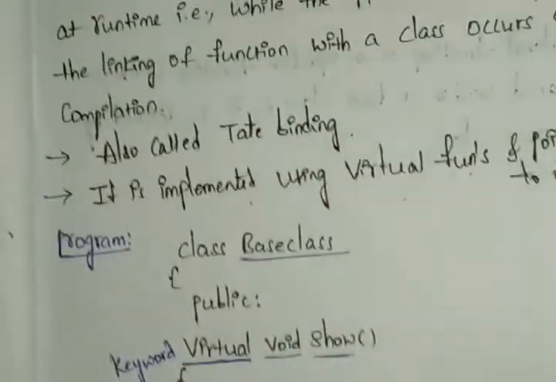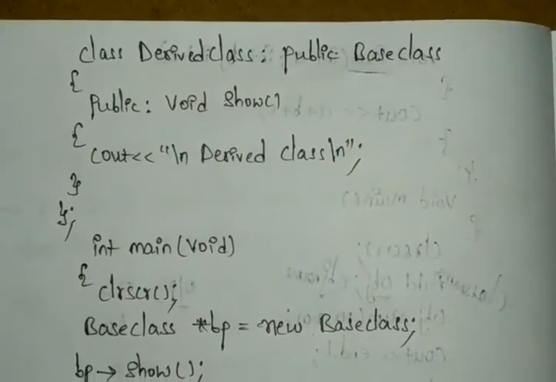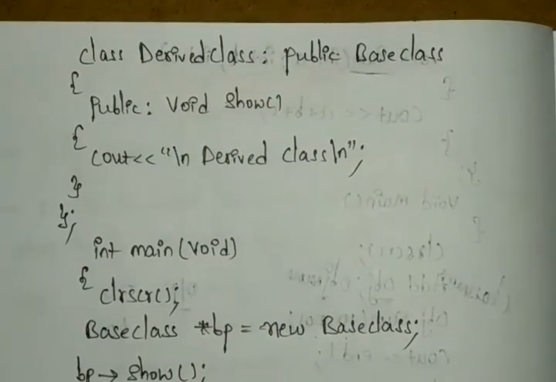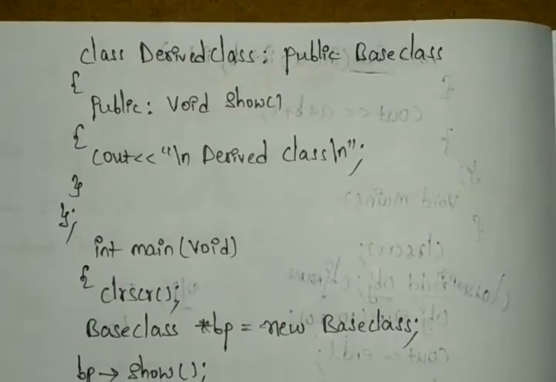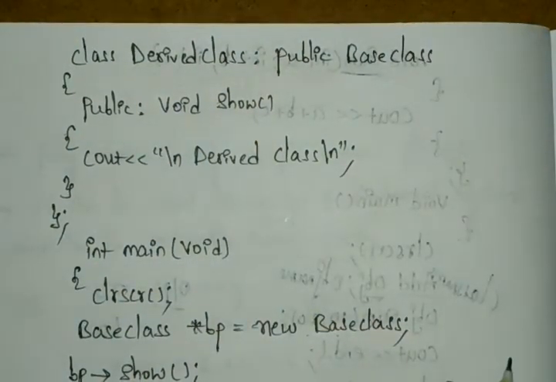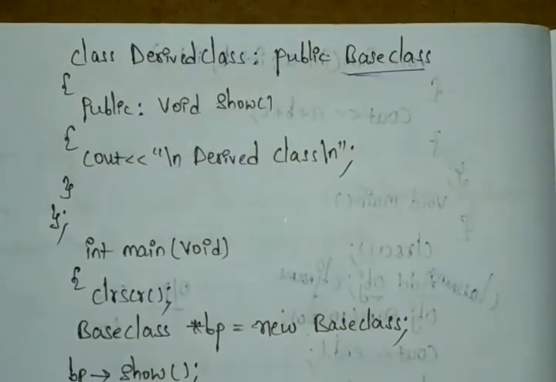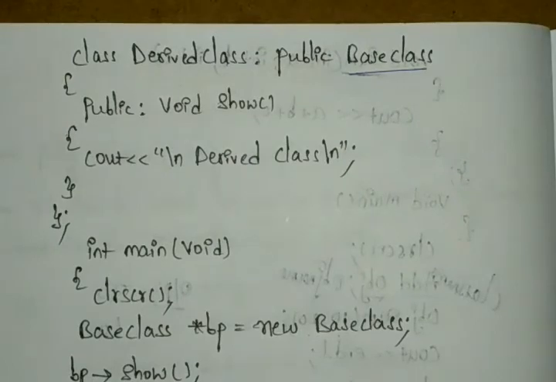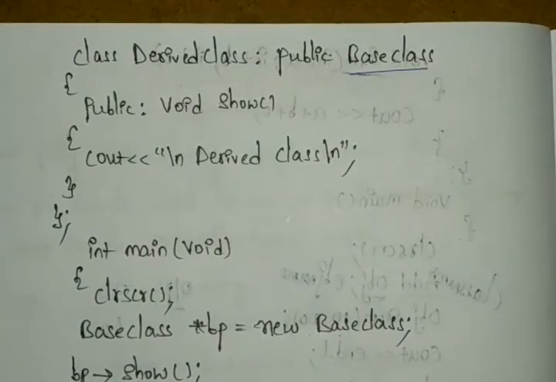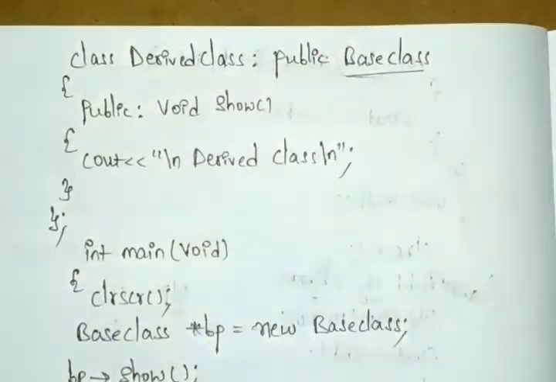Next we have a class Derived class. Once you have the base class, you will definitely have the derived class, right? The derived class is derived from our base class. The derived class also has a public method, and in the public method we directly write void show.